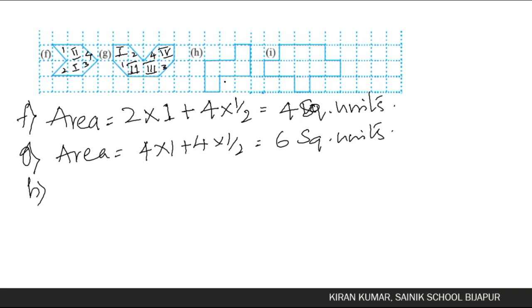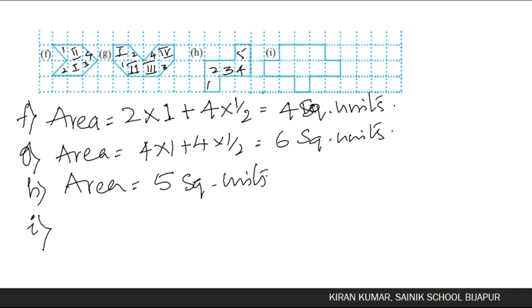Next one, there is no problem in doing this. They are all completely filled. There are 5 smaller squares which are fully filled, so 5 square units. In the next one also there is no problem. It's easy to count. 1, 2, 3, 4, 5, 6, 7, 8, 9 fully filled. So the area will be equal to 9 square units.